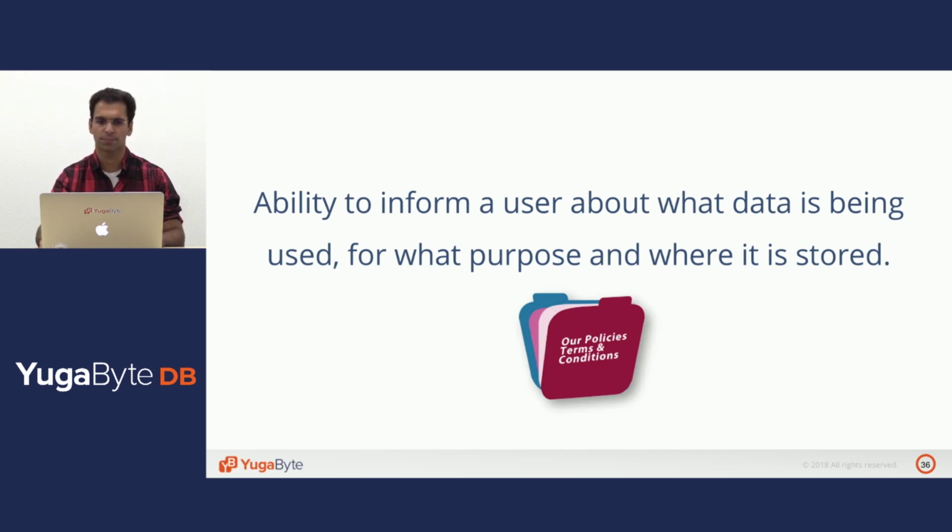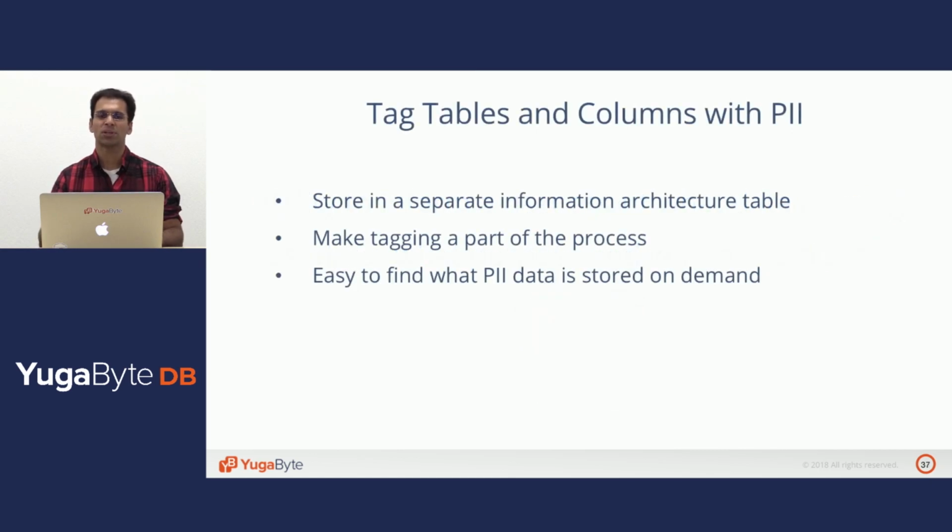Well, the best way to achieve this, because in a massive deployment over time with new features being built, there's a sprawl of many databases, many columns, many attributes, and this becomes very hard to track. So the best way to do this is to be able to tag tables and columns as having PII data.